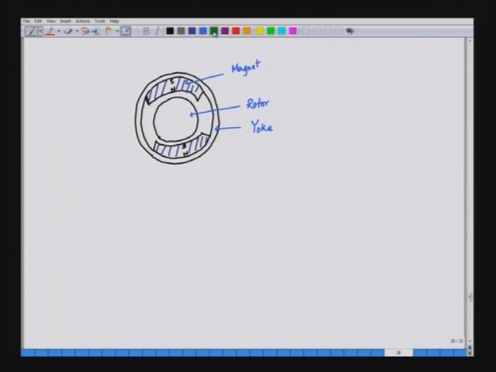And what about the flux lines? The flux lines will be coming out of the north pole, entering the rotor core, going to the south pole and completing the path through the yoke. Similarly, we can have another flux line here. So, it is coming out of the north pole and entering the south pole.